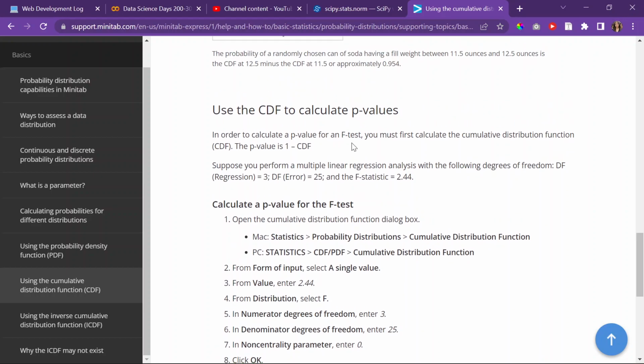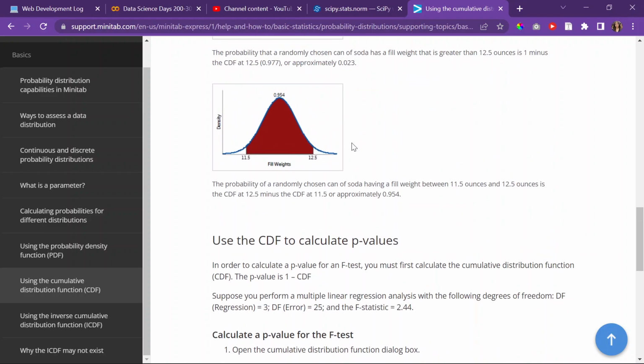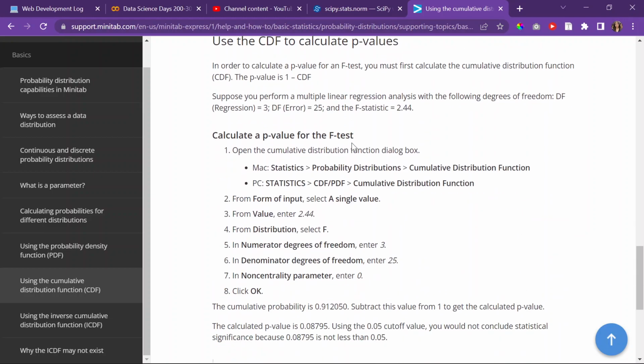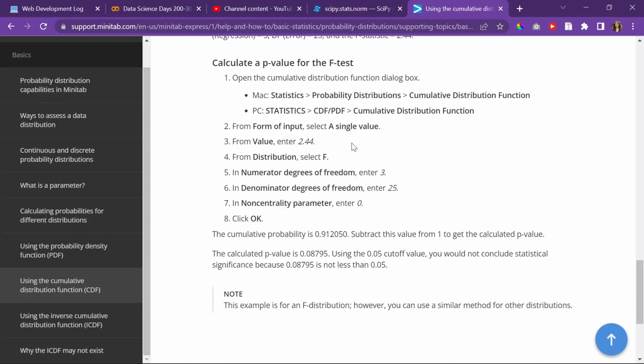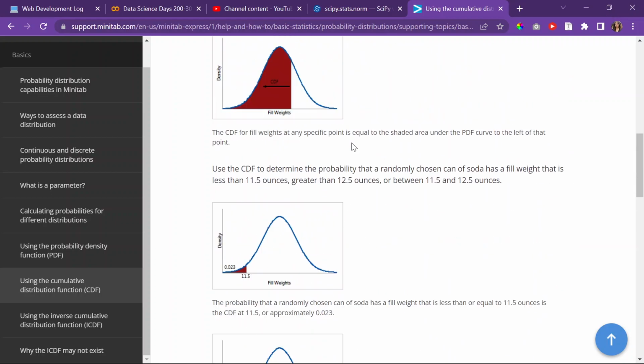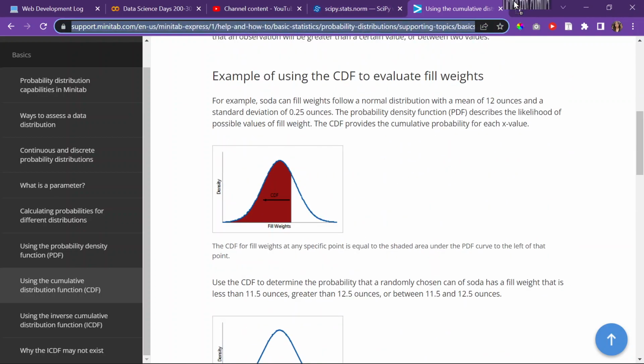Calculate the F test. Select F, 0.3 is the probability for the calculated p-value. Regression 3 divided by 25 versus 2.24. But then that would be 1 minus. Okay. Yeah, I was right.